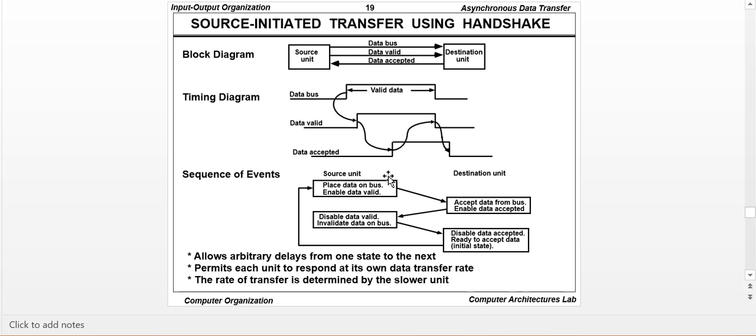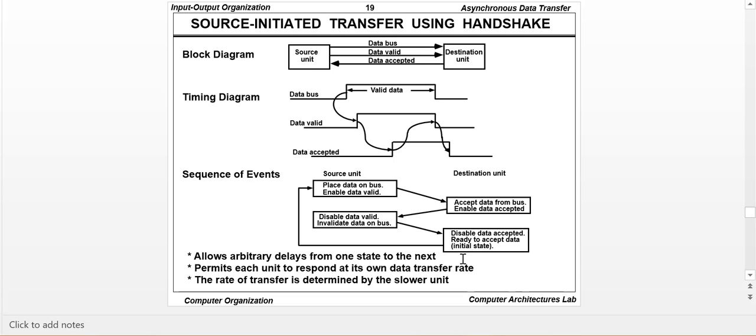The data accepted will be disabled only when the full data has been accepted. So there can be some delay, and the possible delay can now be tolerated by the source unit, and it permits each unit to respond at its own data transfer rate.